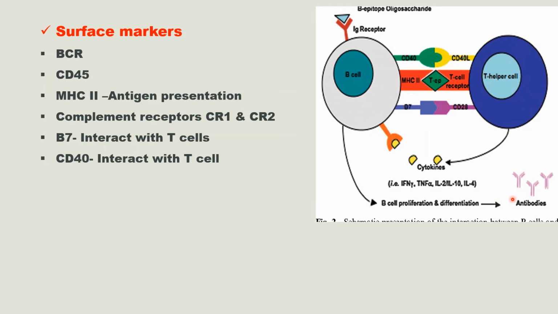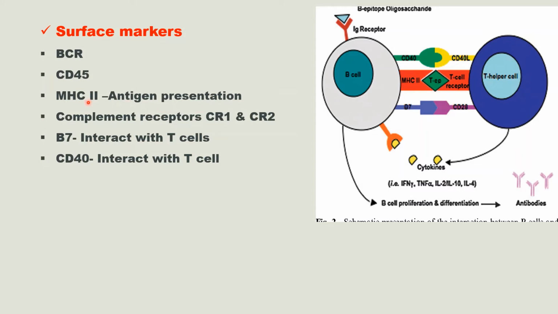What are the surface markers of B cells? The B cell receptor, this immunoglobulin antibody, is the B cell receptor, and CD45. MHC2 antigen, MHC2, will help in antigen presentation.